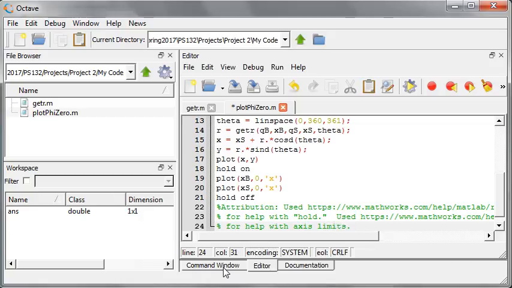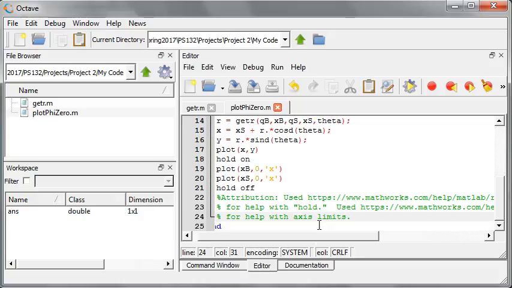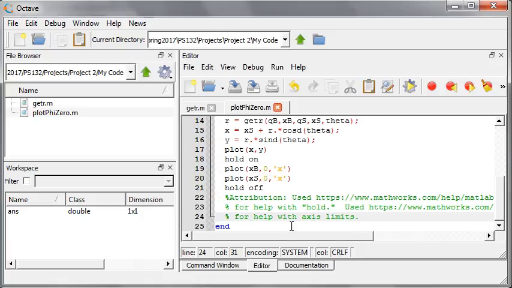So I want to make this graph look a little bit better. I'll try to be a little quicker about it. I'm going to save that, and then I could just, there we go.